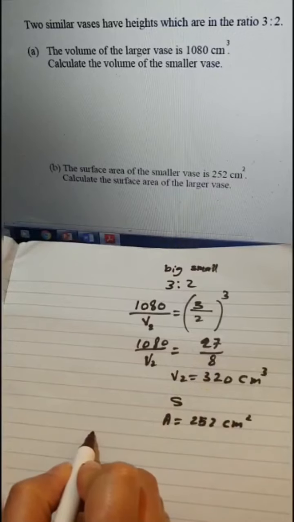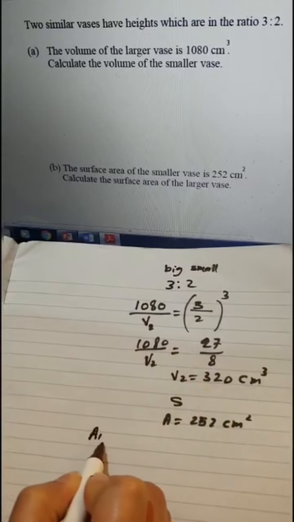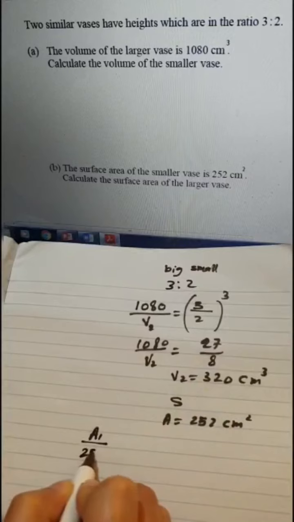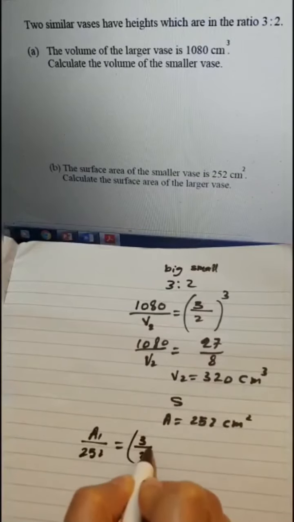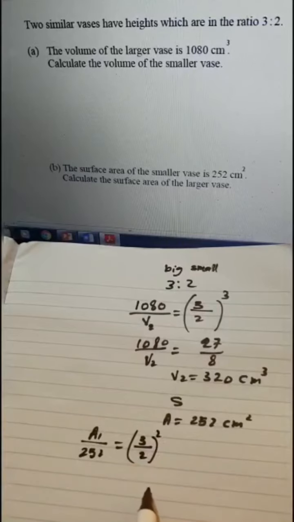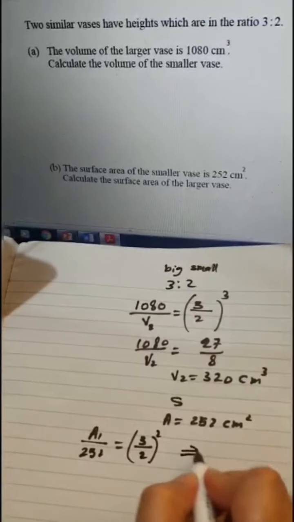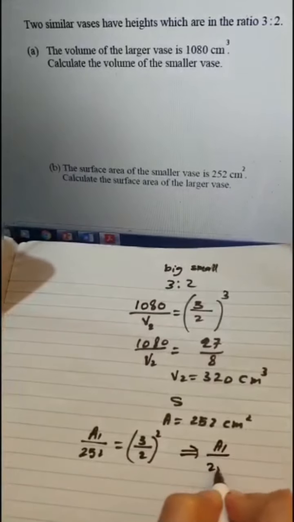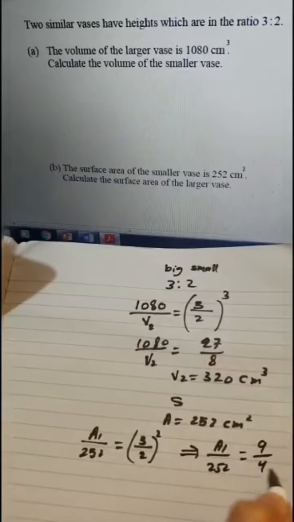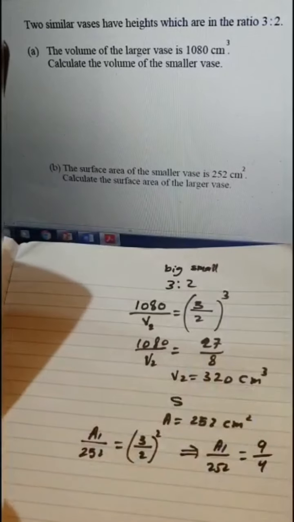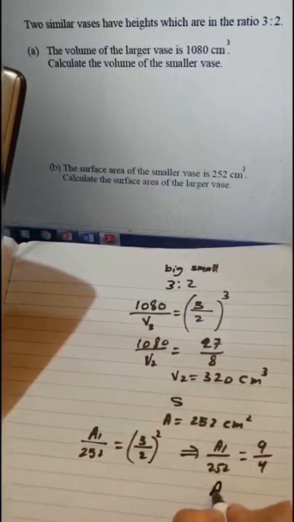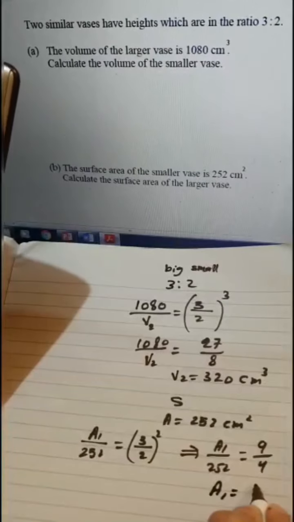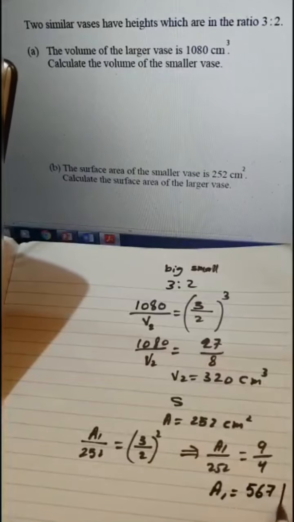So I'm going to say area 1, which is unknown, over 252 equals 3 over 2 to the power of 2. So in this case, I'm going to get A1 over 252 equal to 9 over 4. And also by making cross multiplication, I'm going to say 252 divided by 4, times 9. I'm going to get the answer, area 1 equal to 567 for the big shape.